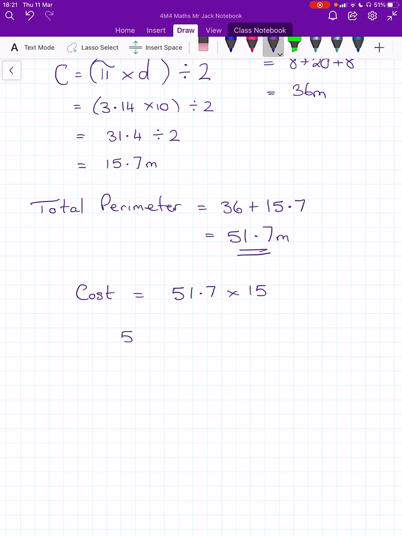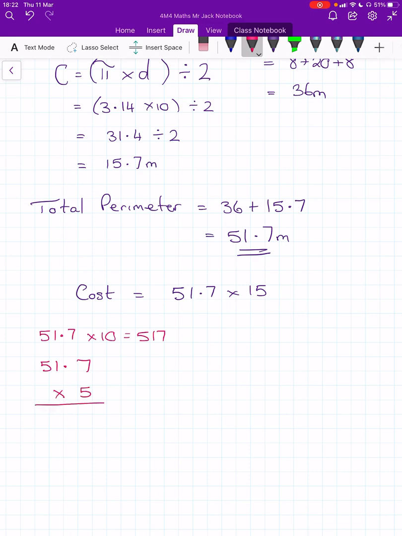So let's just do some working at the side here. I'm going to just change my pencil color. I'm going to do 51.7 multiplied by 10. That's 517. Then I'm going to do 51.7 multiplied by 5.